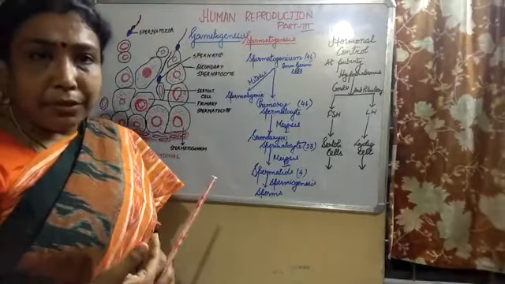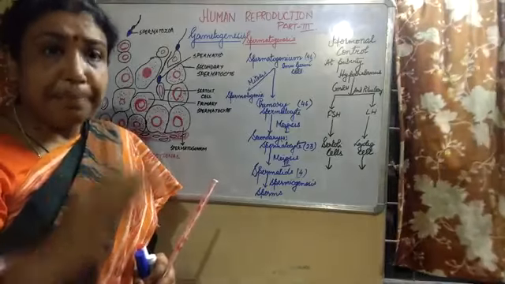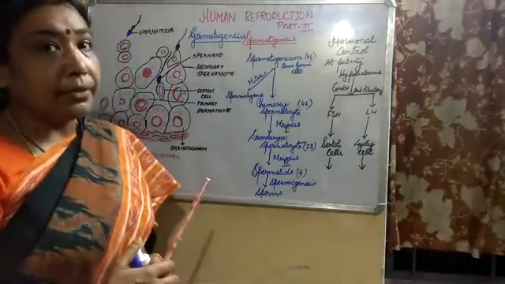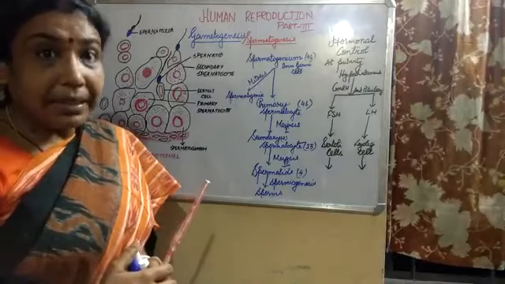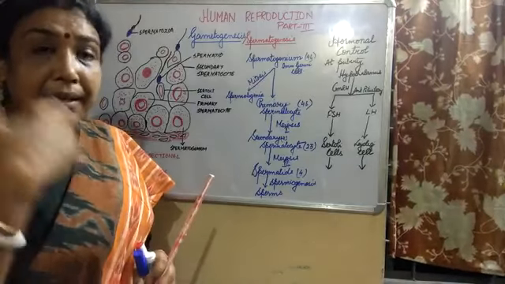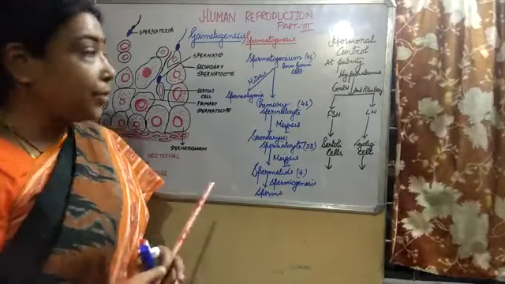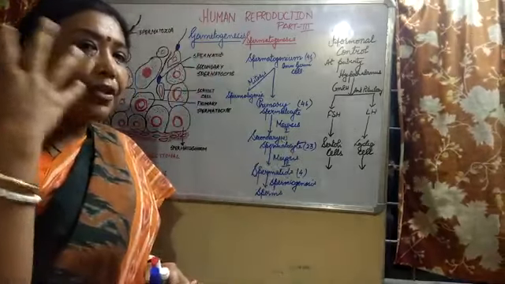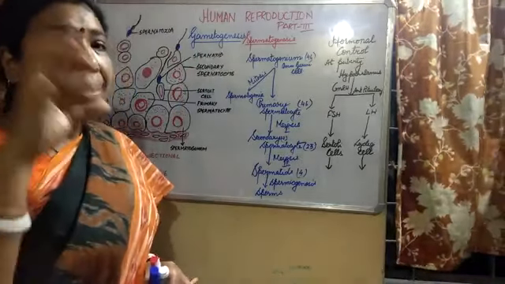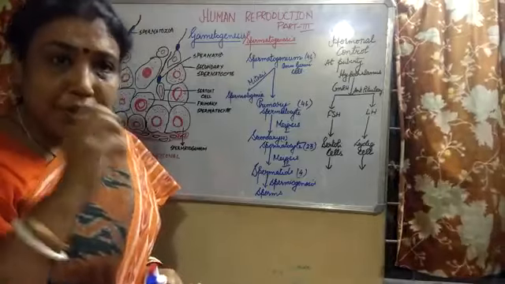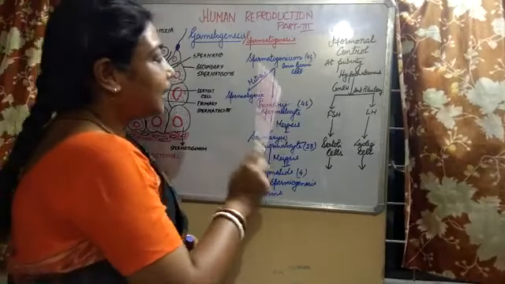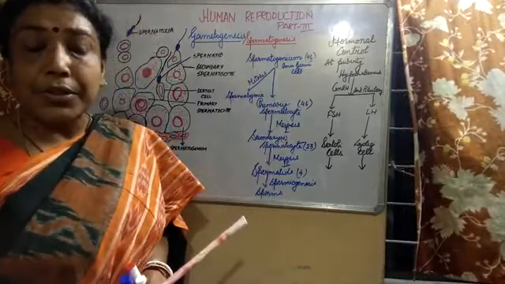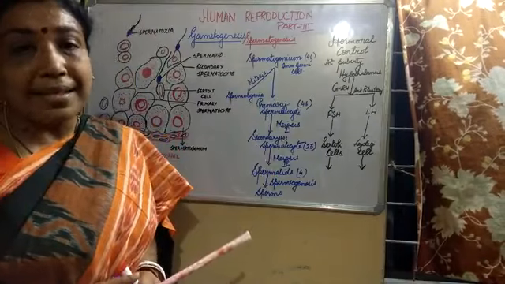Not 100% of them, but some of them will undergo differentiation, some development, some maturation, and they will get converted into specific forms and given special names. They are known as primary spermatocyte.